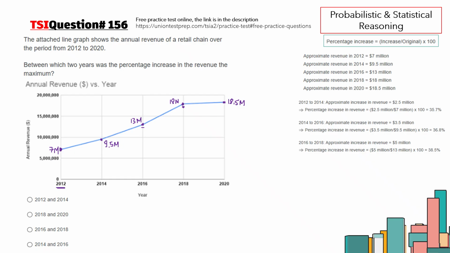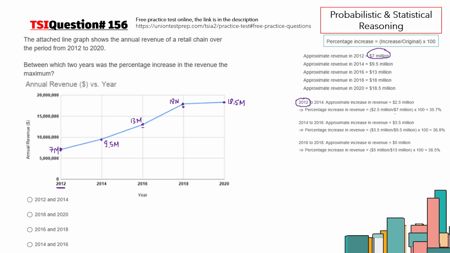So to calculate the percentage increase, it will equal the amount increasing over the original, which is the starting point, times 100. So for example, for 2012 to 2014, the original amount is 7 million.